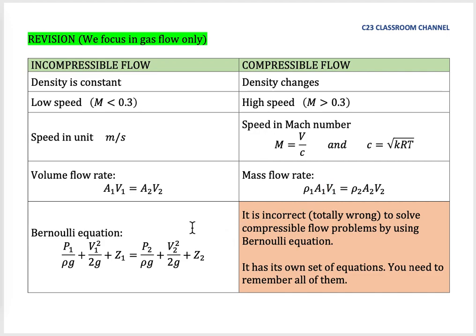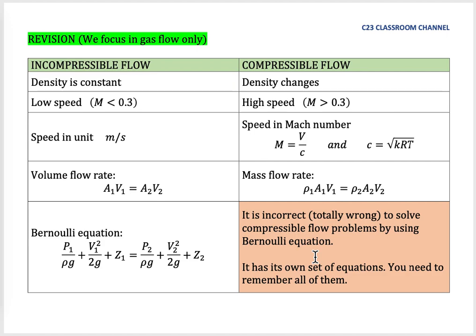And then in incompressible flow, we use the Bernoulli equation. I hope you still remember the Bernoulli equation, used to solve moving flow problems. We have a pressure term, a velocity term, and Z, the potential energy.